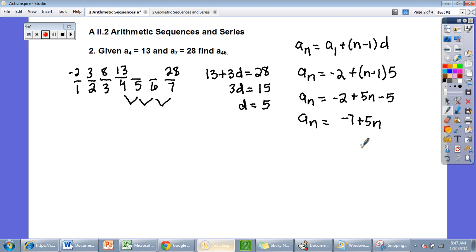Now this is just like the problem we did in the first example. Now we can find a sub 45, or our 45th term, by plugging in 45 for n. Negative 7 plus 5 times 45, and that gives us 218.